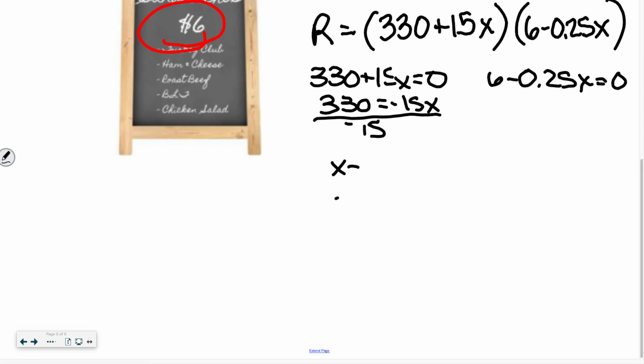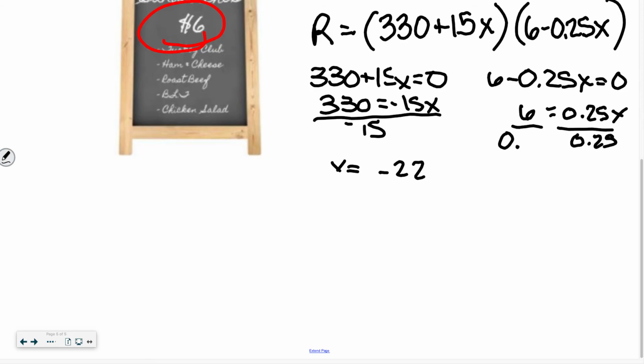What is that x? Negative 22. Okay. Then over here, maybe I'll add 0.25x to both sides. So I divide by 0.25. Dividing by 0.25 is dividing by a fourth, which is multiplying by 4. So x would be 24.